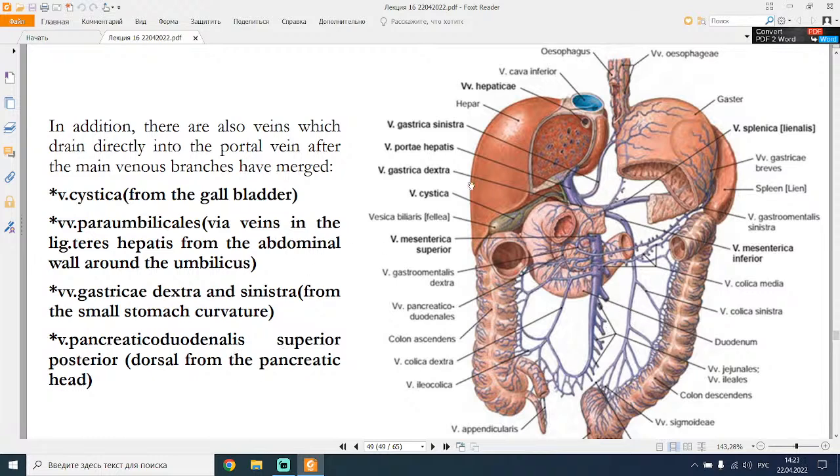Vena cystica, vena paraumbilicalis, vena gastrica dextra and sinistra, and venae pancreaticoduodenales, superior posterior, dorsal from the pancreatic head. These are vena cystica, paraumbilical veins, gastric veins, and pancreaticoduodenal veins, superior and inferior.